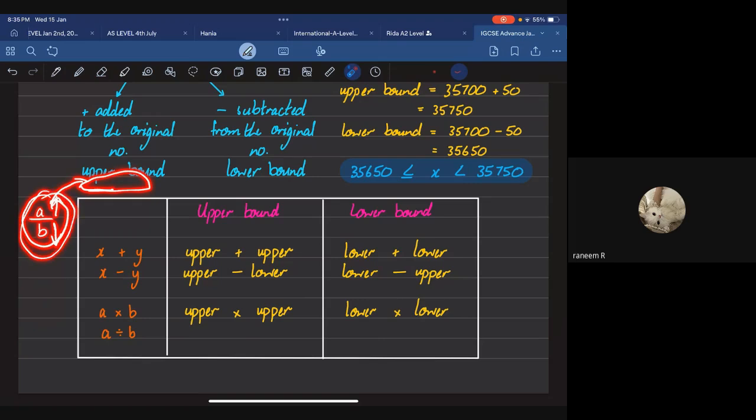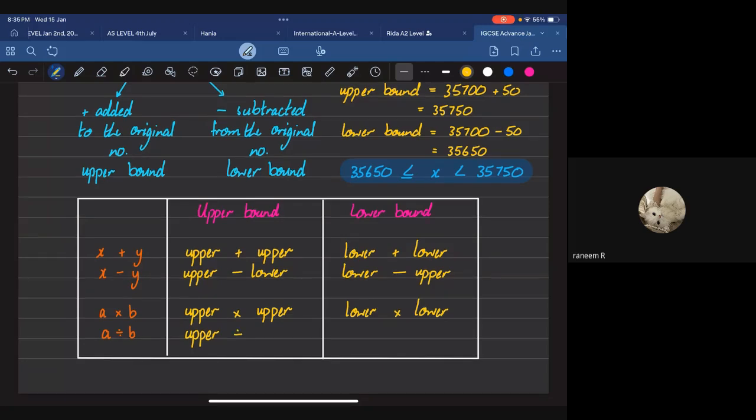Whatever you're dividing by needs to be small and the numerator bigger in order to get the maximum possible answer. So you're going to apply again the rules of subtraction: it's going to be upper divided by lower, and lower divided by upper when it's vice versa on the other end.